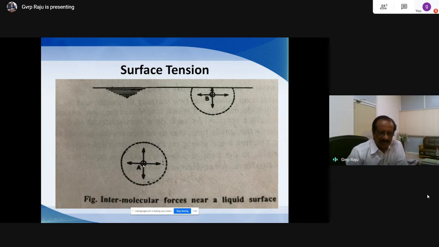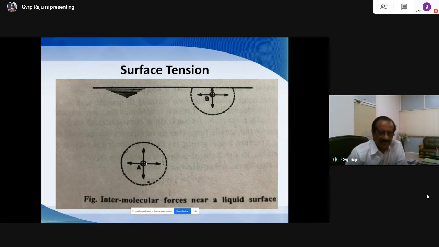The other molecule is exactly at the water and air interface, at the surface. This study is for fluid statics, that means the fluid is at rest, in other words, in equilibrium. The water molecule will not move to this side or that side.